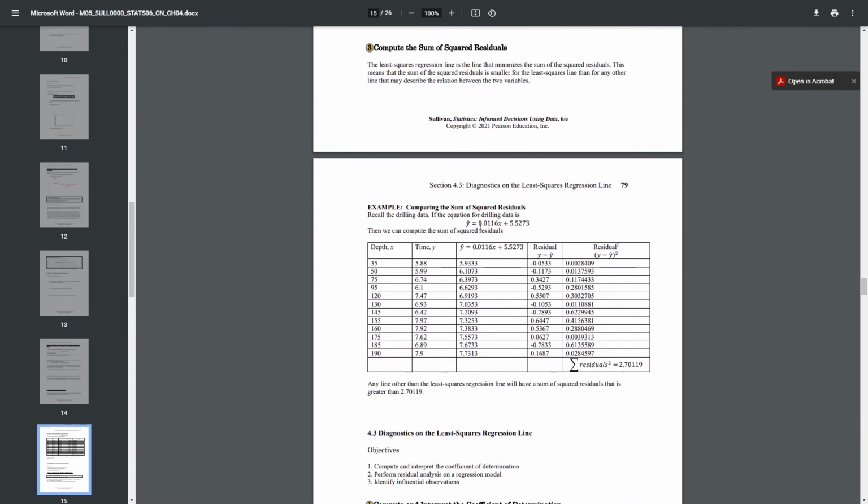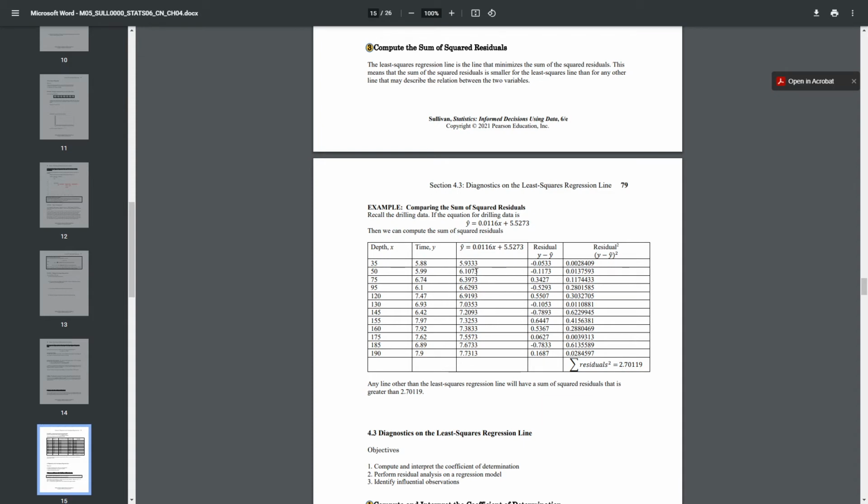And here's how you would calculate the sum of the squared residuals. You have your x and your y, and then you compute the approximated y values. You can do that in the table here. And then you subtract them, and then you square them. And at the very end, you take the sum of the squares. Excel may be able to do this; there's a few ways to go about doing this in Excel.